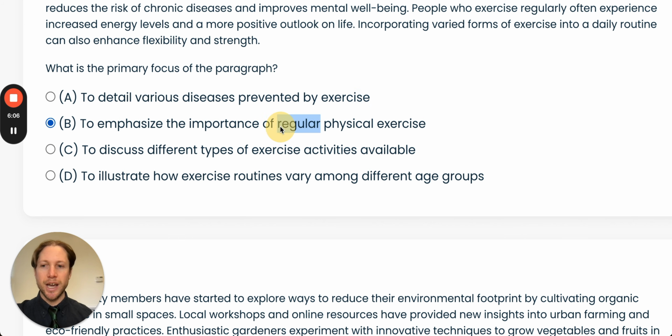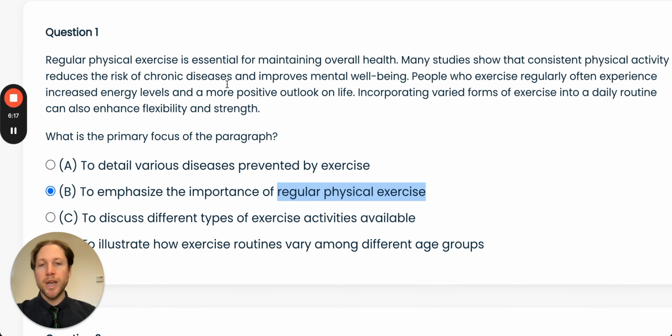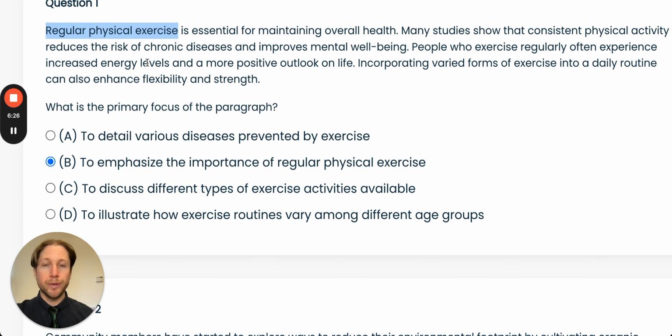I didn't see that. B, to emphasize the importance of regular physical exercise. Now, notice here how this same phrase, regular physical exercise, is located in both the answer option as well as the text passage. That, to me, is a major clue that B is probably the correct response.